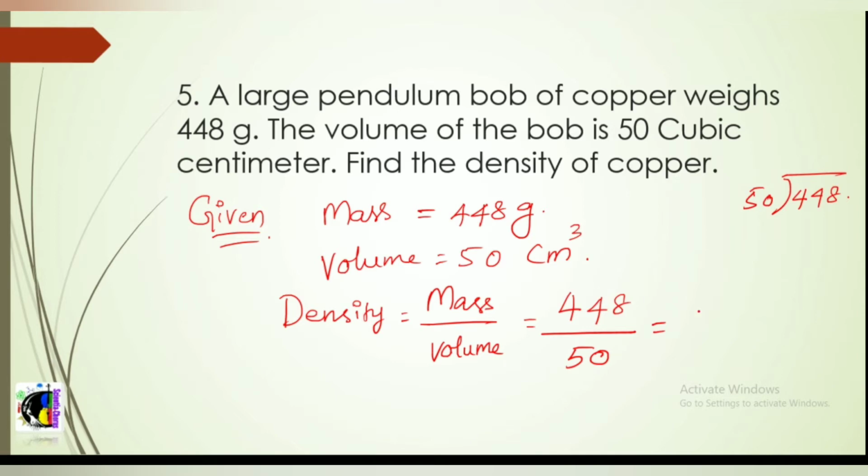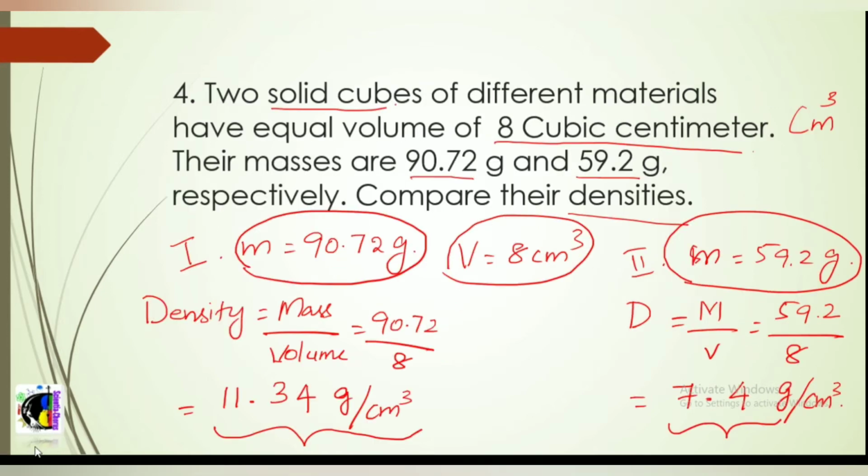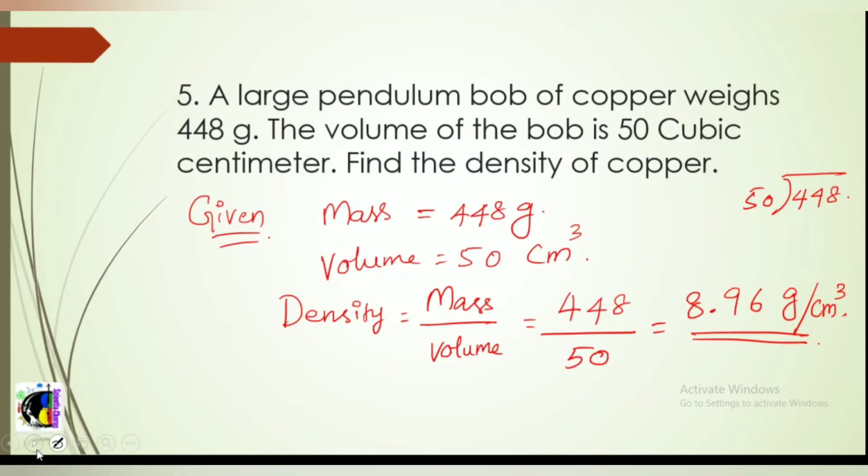So what would be the answer? It is 8.96 gram per centimeter cube. So this will be the density. This is a very direct question. Easily you can find it out, right?